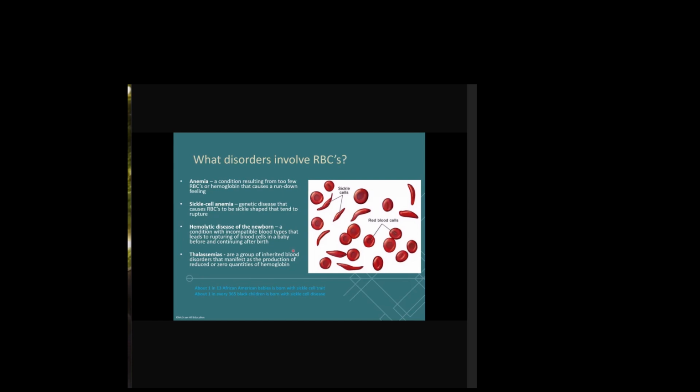So, some disorders related to red blood cells. When you have too few red blood cells, that can be caused by many different things. That general condition is called anemia. When some of your red blood cells are not in good shape, structurally, to do what they are supposed to do, and you have a reduced number of functioning red blood cells, that is sickle cell anemia, which is caused by a genetic mutation.